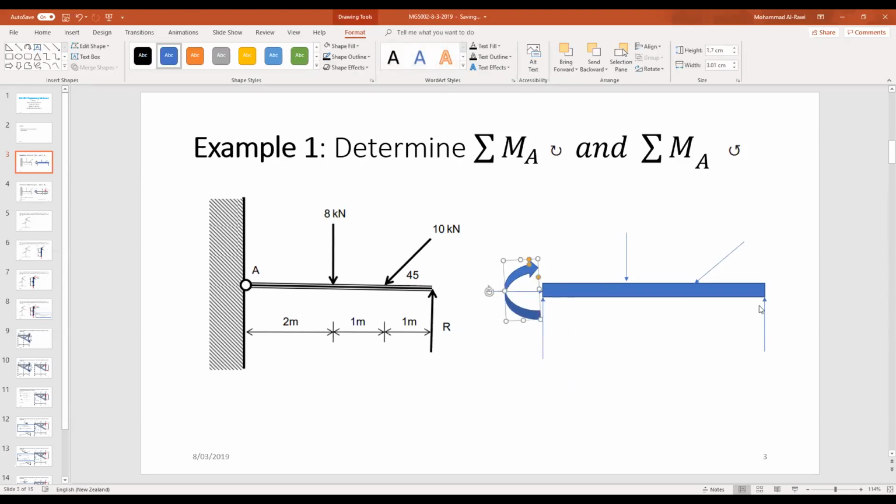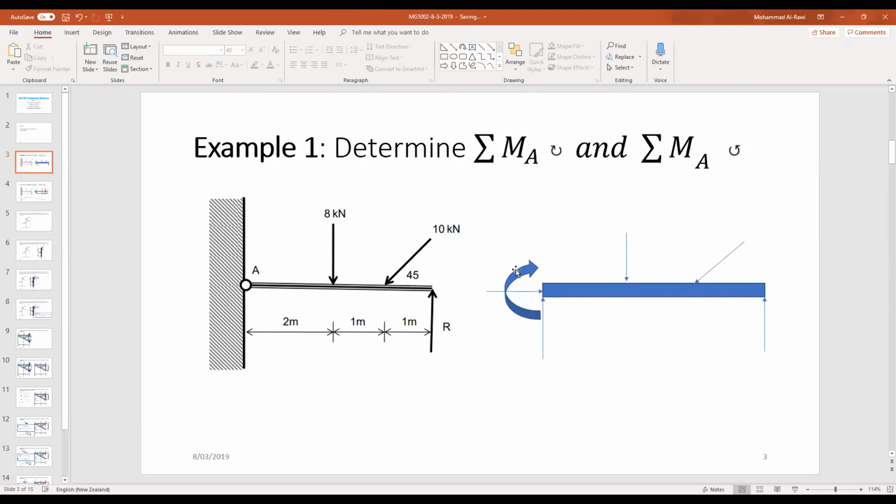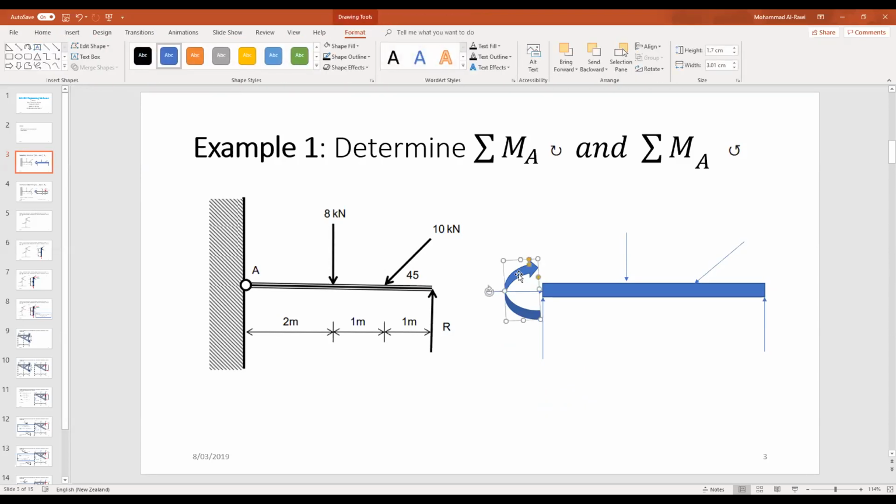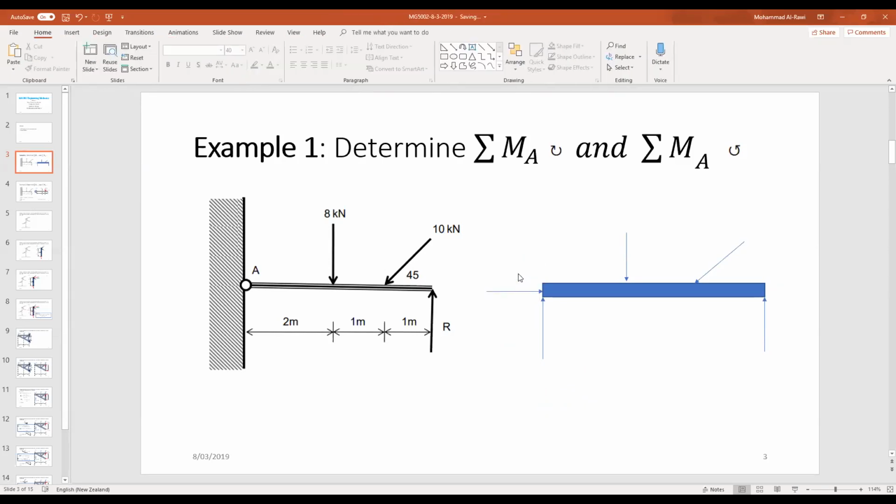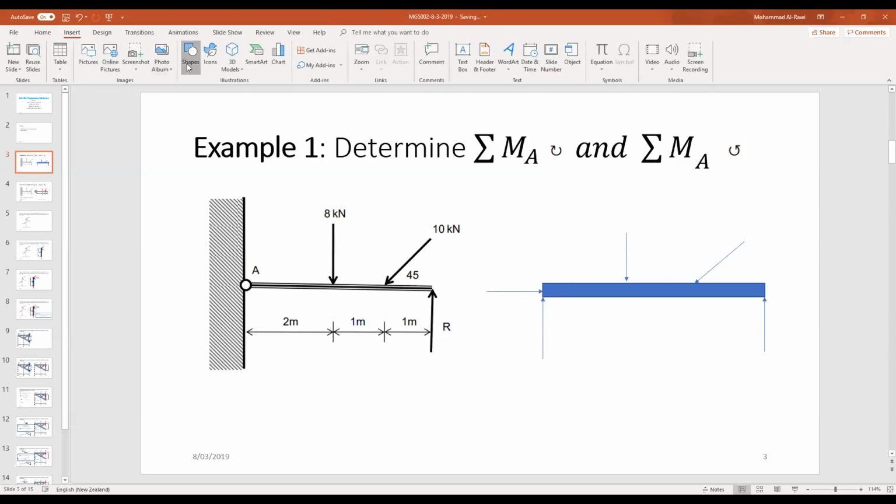So if that force R tries to rotate the beam, the support wall tries to prevent that rotation. I'll explain this in next week's session. So I will delete this one at the moment because it's not part of the topic we're discussing today, and I will explain it definitely next week with a new topic.